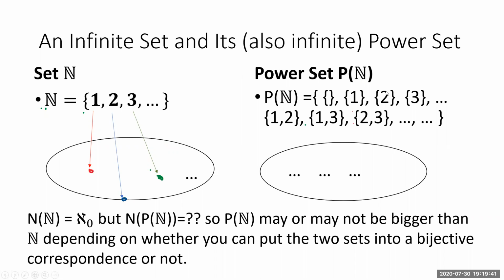It's also infinite. So maybe it's the same kind of infinity, or maybe it's 2 different kinds of infinity. Depends on whether or not you can make the one-to-one bijective correspondence.